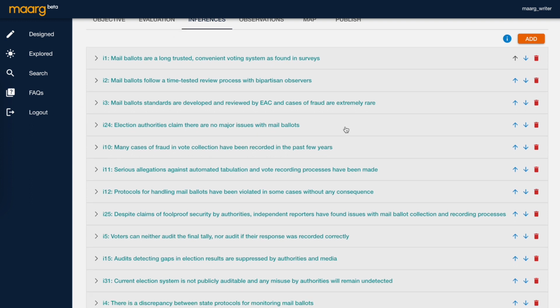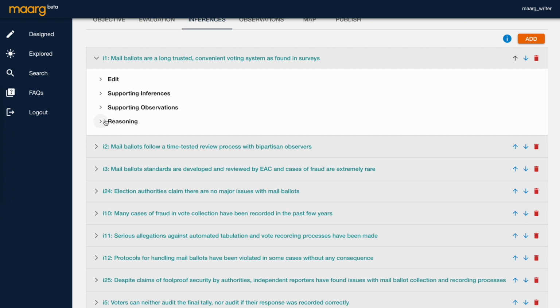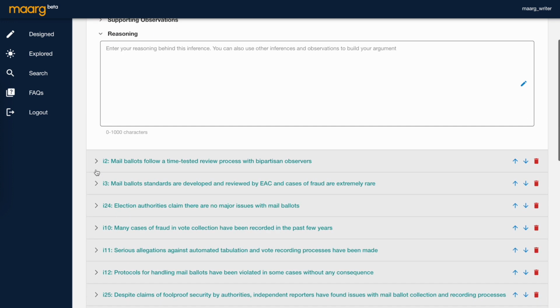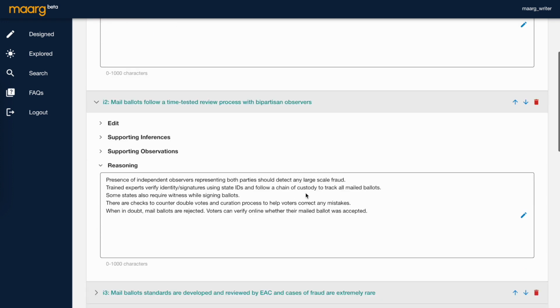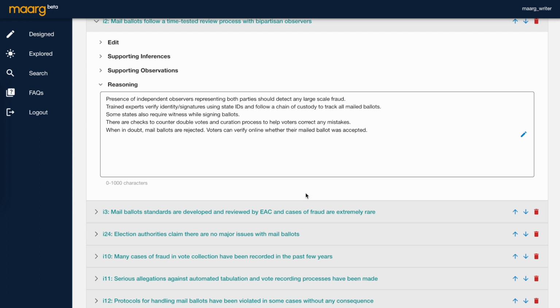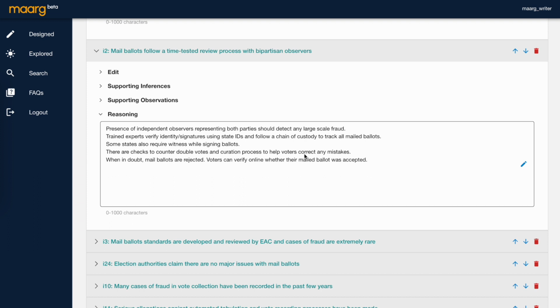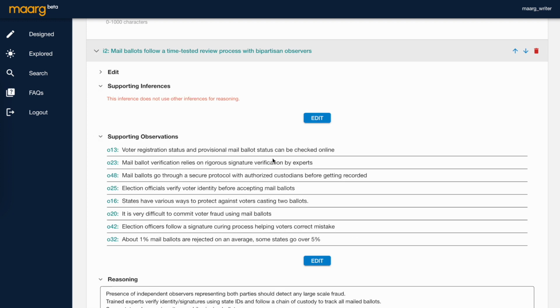So format each inference compactly in one line and use the reasoning section to explain any logic that you may have. Again, it is possible that your readers will challenge every line written within your reasoning. So it is important to include supporting observations or credible sources of observations to guide your users.